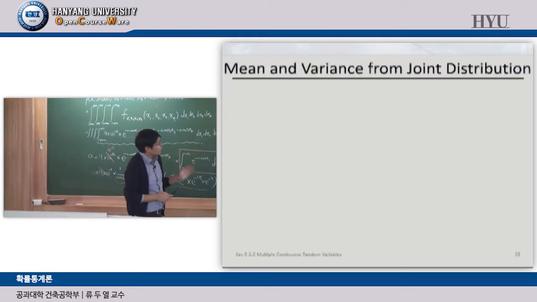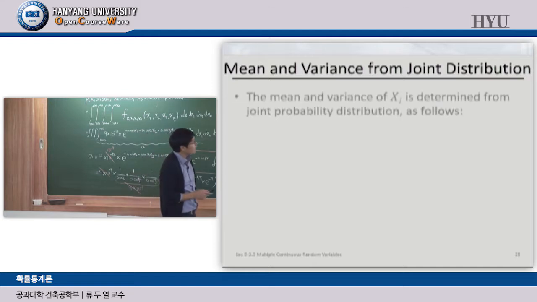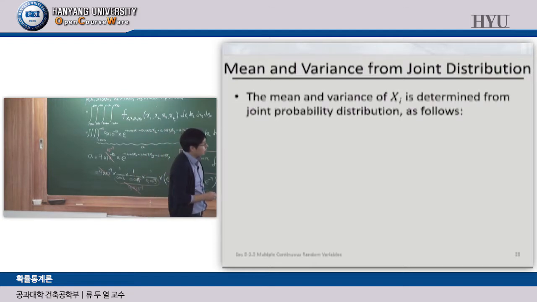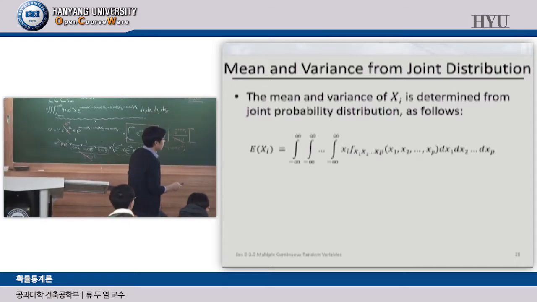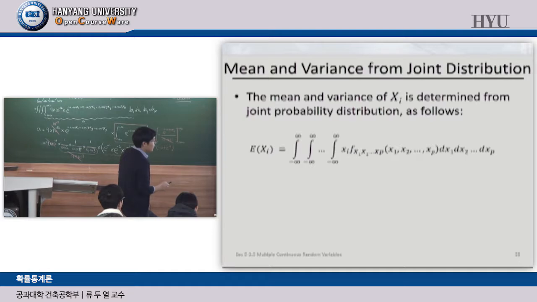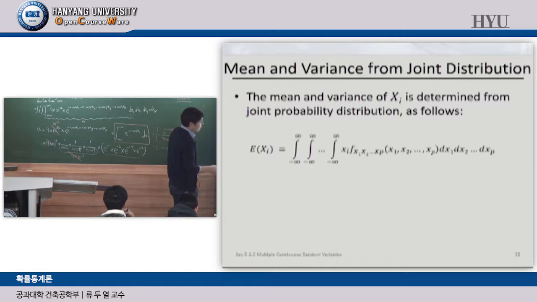And this is about the mean and variance, okay? The mean and variance of xi is determined from the joint probability distribution as follows. And this is the mean. The mean is equal to the integration of xi by the joint probability density function, right? From x1 to xp.